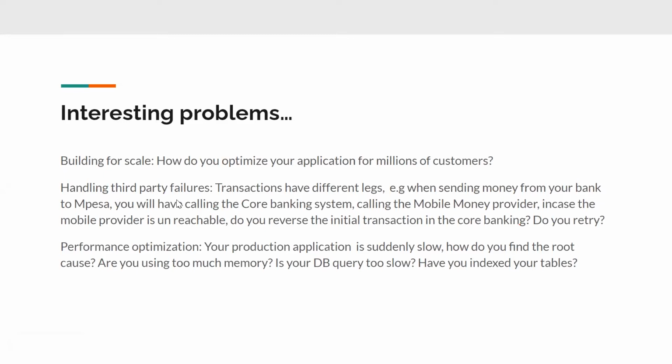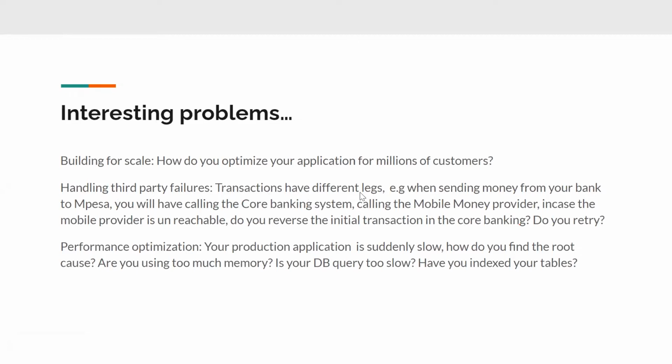As a bank, you're integrating to different components, from the core banking to mobile money providers to KPLC and MTOs. These are MTOs like Western Union and stuff. You'll have to think because these transactions have different legs.